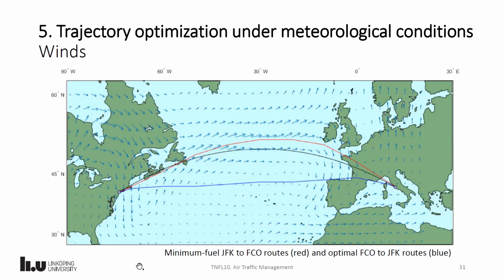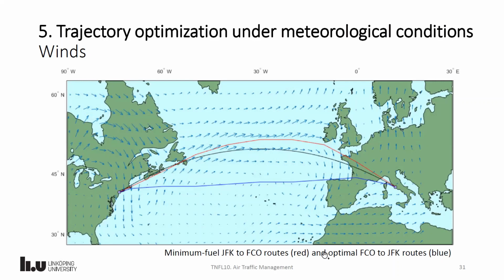But we can see that if we are flying from New York to Rome, the optimal trajectory, if we want to save fuel, actually is this red one over here. We can see that it goes a little farther north than the actual great circle, taking advantage of those tailwinds in order to use less fuel.